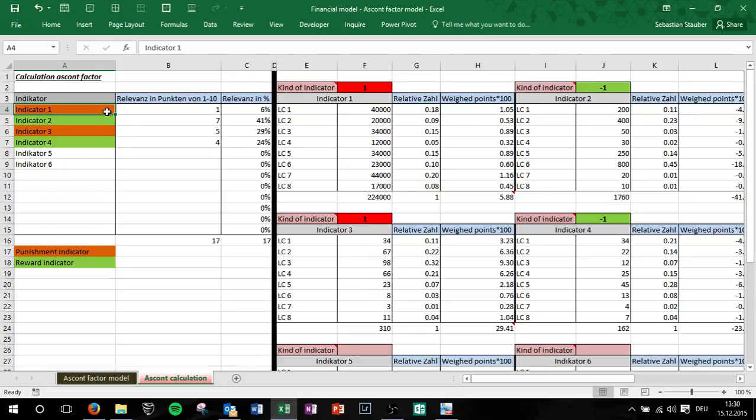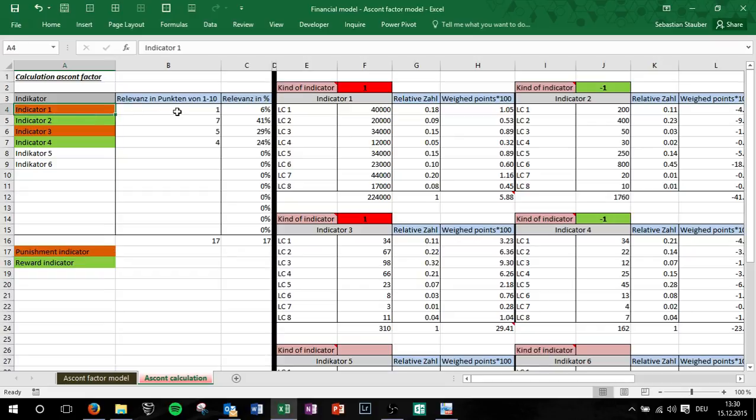It can be quite interesting indicators, for example the amount of signups, or how high their conversion rate was, something you want to reward or to punish the LC. You can even say I want an indicator which is a punishment indicator or a reward indicator, and these are the two possibilities here.